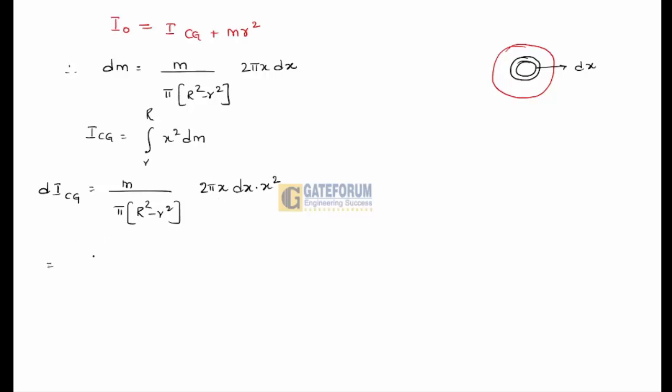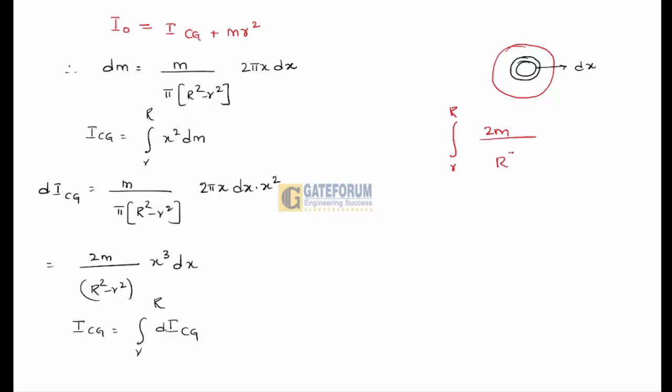That is 2M by R square minus r square into x cube dx. I CG will be the integral from smaller radius r to upper radius R of dI CG, that is the integral of 2M by R square minus r square into x cube dx.